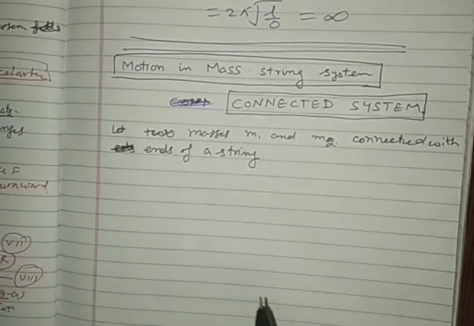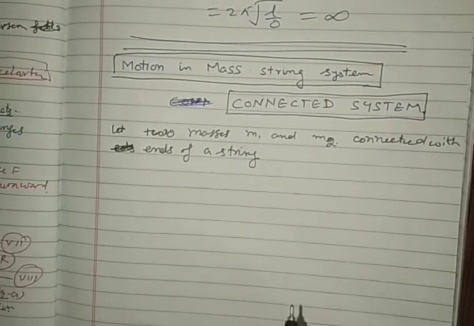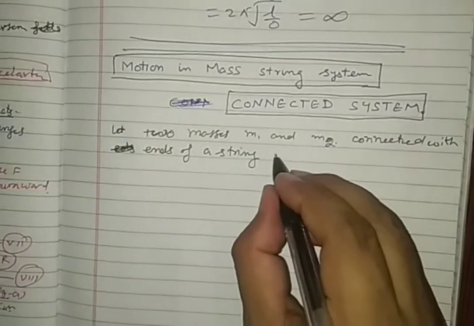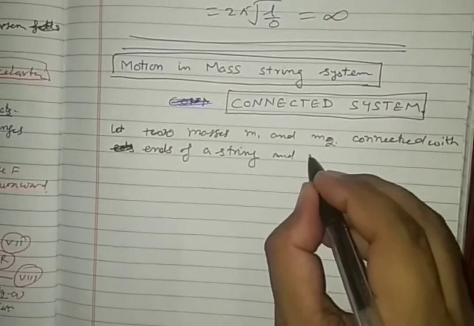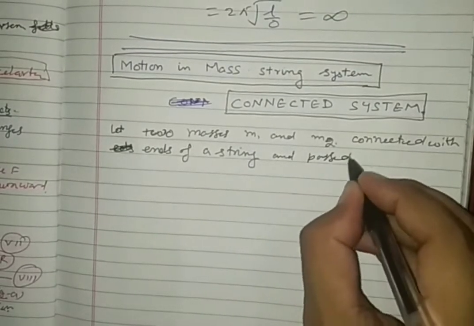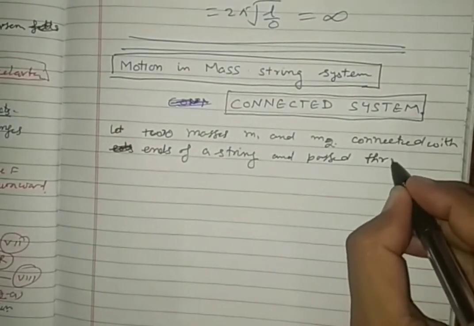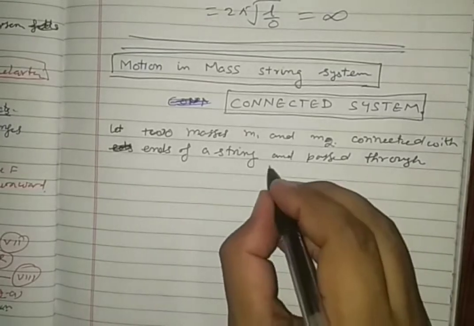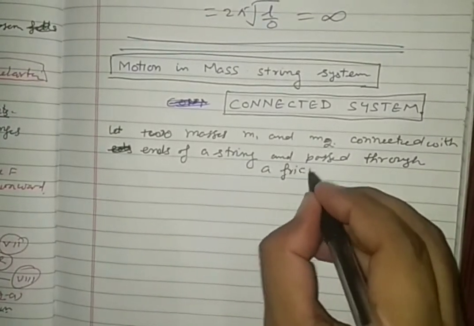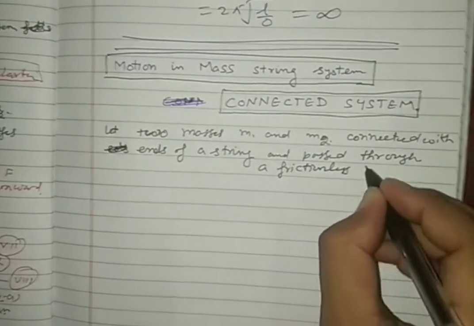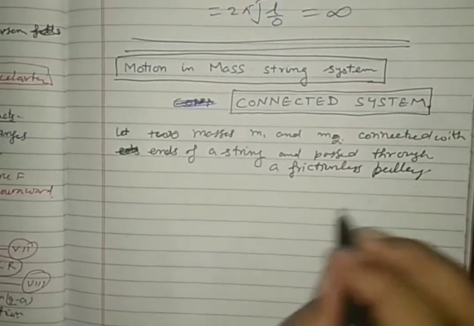Two masses are connected by a single string at the ends, and it passes through a frictionless pulley.